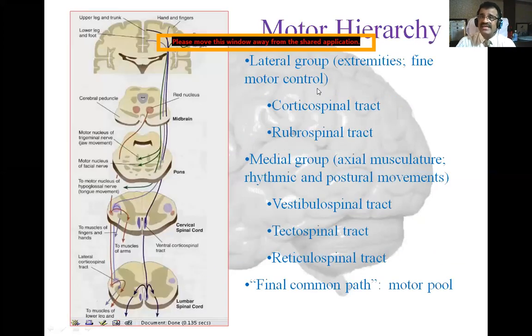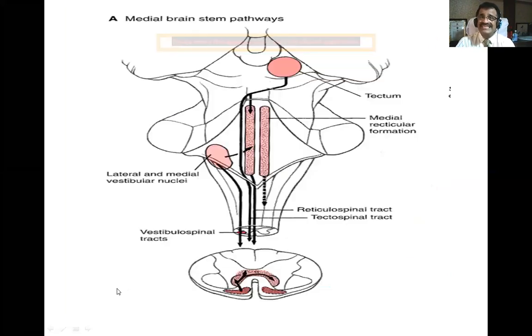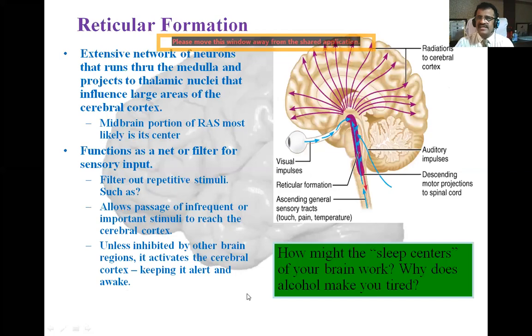This is the motor hierarchy here. Lateral group for corticospinal and rubrospinal tracts, medial group for vestibulospinal, tectospinal, and reticulospinal tracts, and the final common path, the motor pool. Here you can see the midbrain, the medial brainstem pathway, and here the reticular formation, which we have already studied during the part on the cerebrum, the basal nuclei, along with the limbic system.